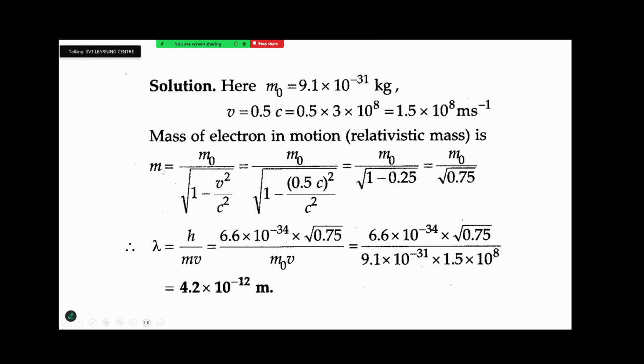So first you'll have to calculate m, which will be equal to m0 upon root of 1 minus v squared by c squared, with v being 0.5 times c, so it comes out to be this part. Now your lambda will be h upon mv. So we will write this as h upon m0 v, and m0 will be equal to this much.